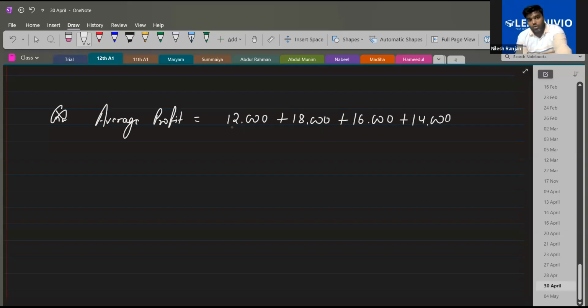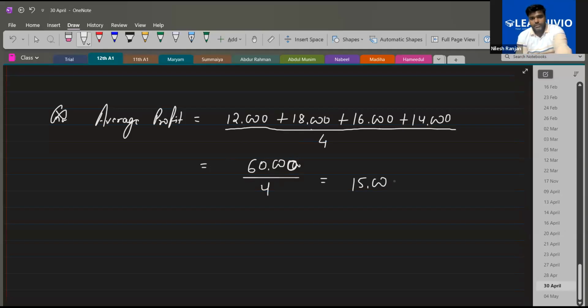If there is any loss in any year, then it should be deducted. Profit will be added, and if there is any loss, it will be deducted. 12, 18, 16, it is 60,000 total, divided by 4. So the average profit is 15,000.